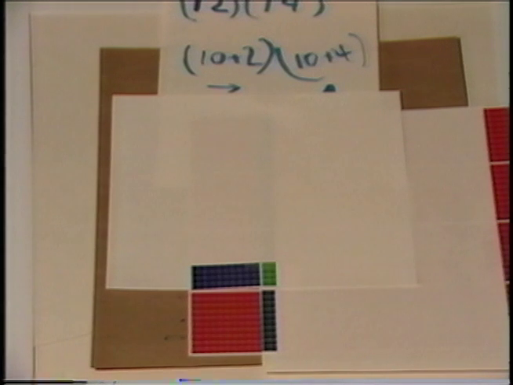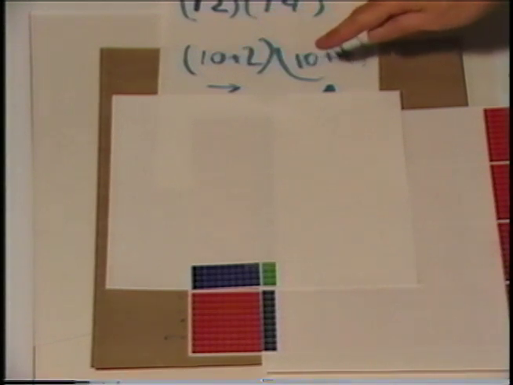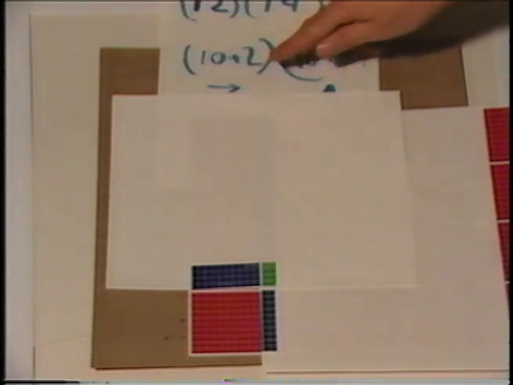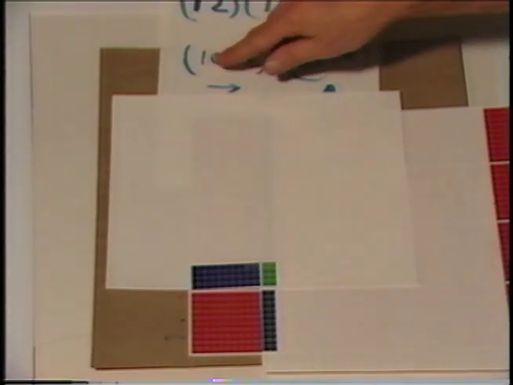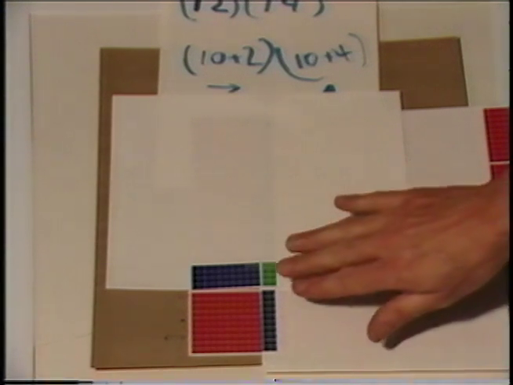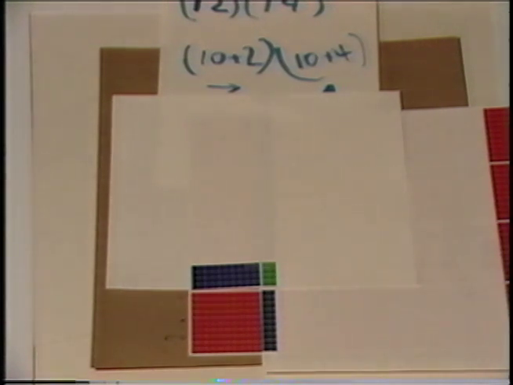Notice, I built my rectangle starting with my distances over and up, dimensions, or factors. Notice, I now have multiplied because I have built a rectangle.